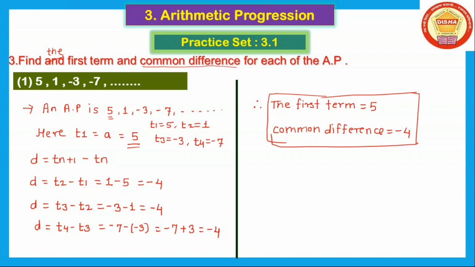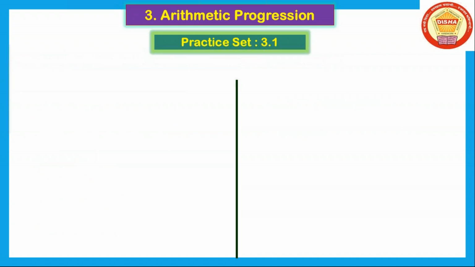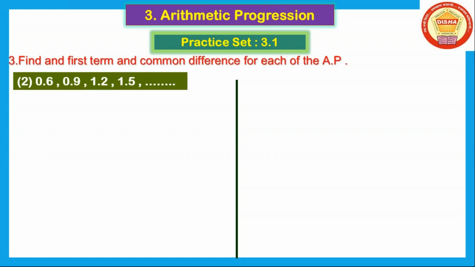Then we are taking the next example from the same question. See now. The question is saying, find the first term and the common difference for an AP. Here we write T1 is equal to 0.6, T2 is equal to 0.9, T3 is equal to 1.2, T4 is equal to 1.5.